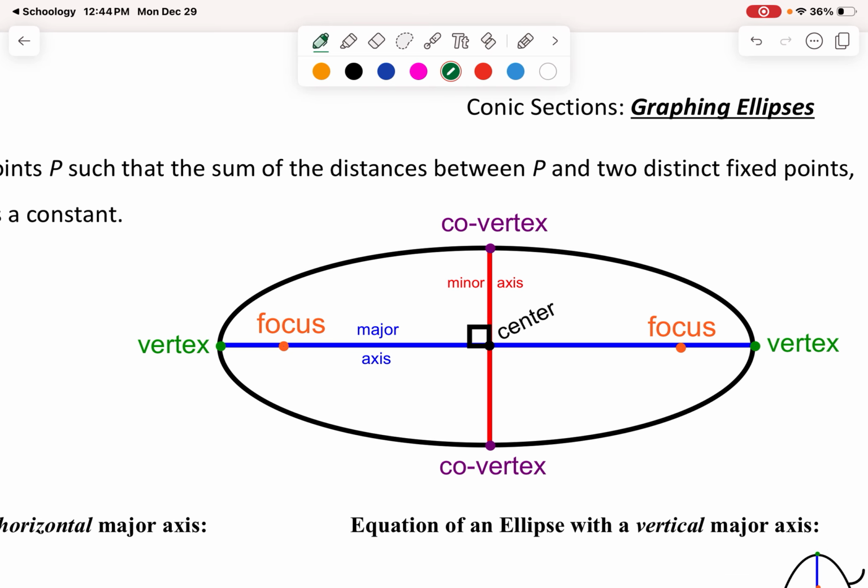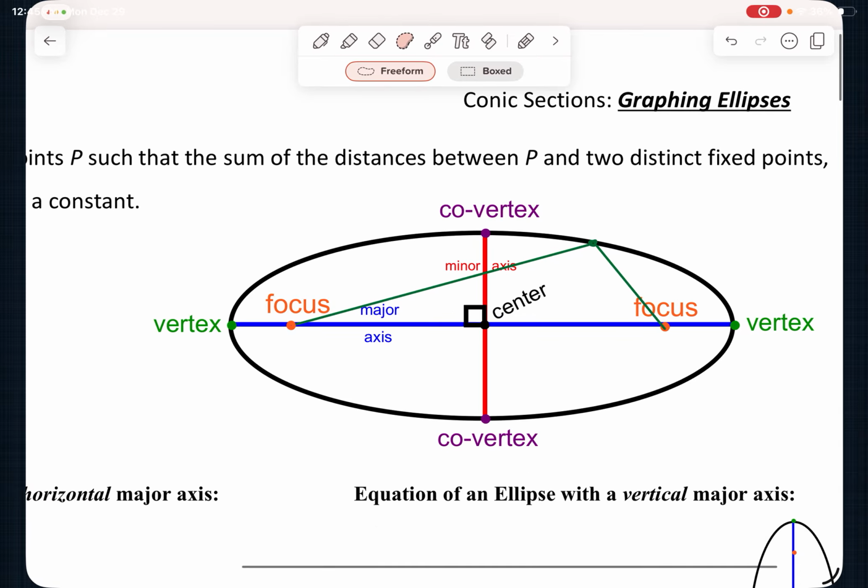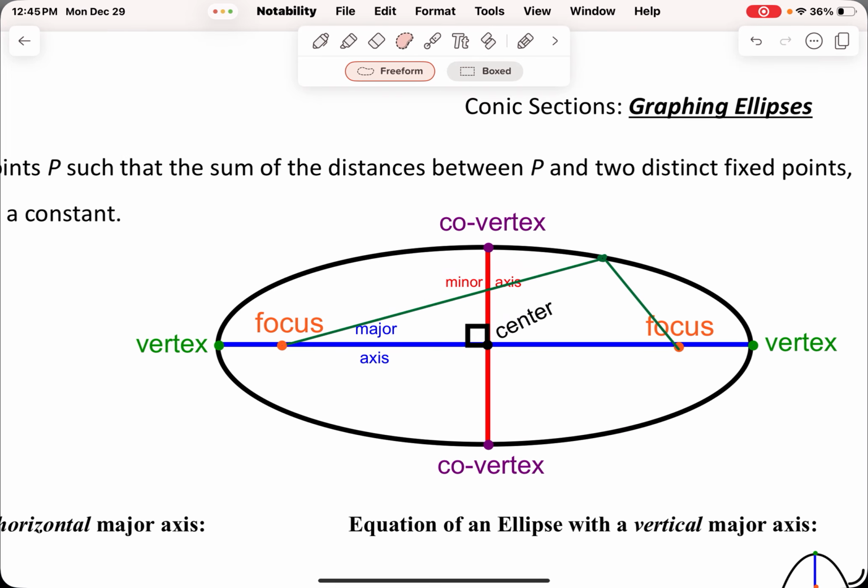So every point that's on the ellipse, if you connect that to this focus and this focus, plural foci, okay? And imagine, I should really take a video of this happening, but I didn't.